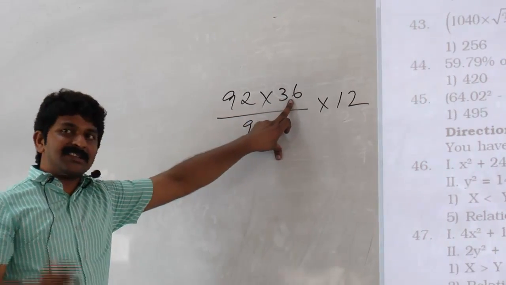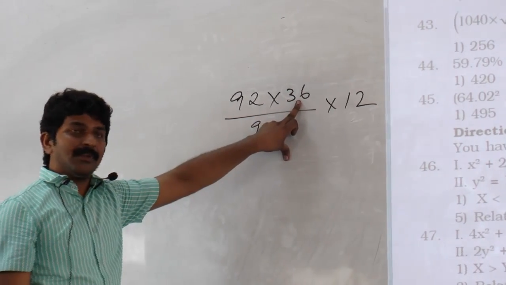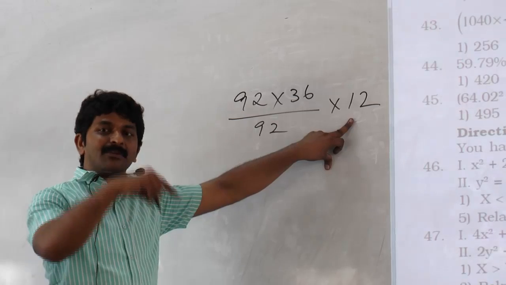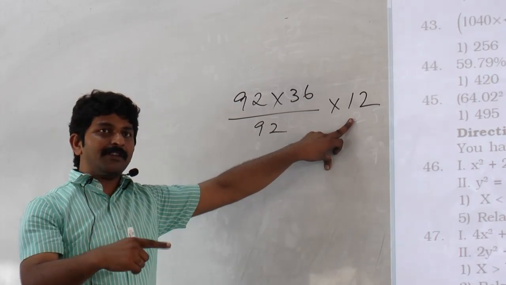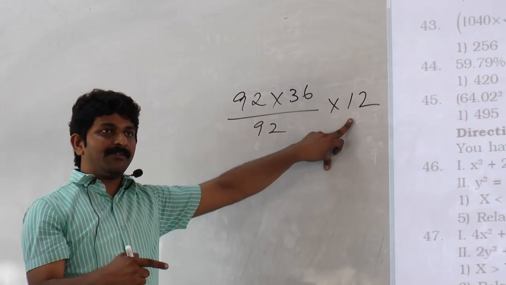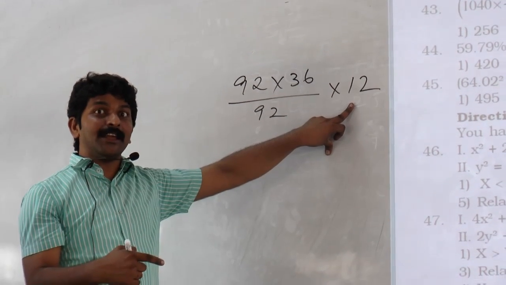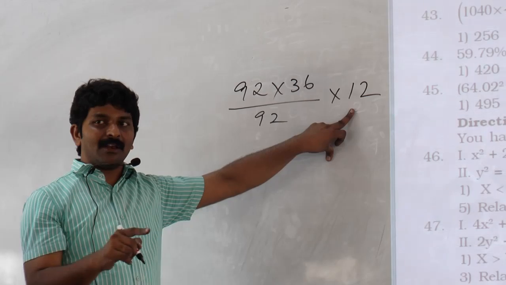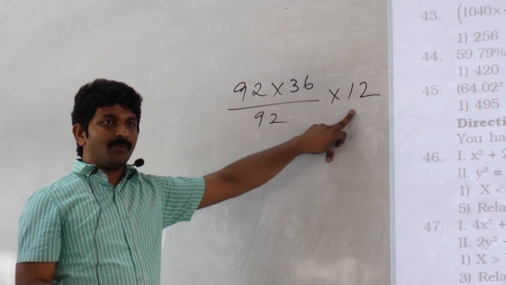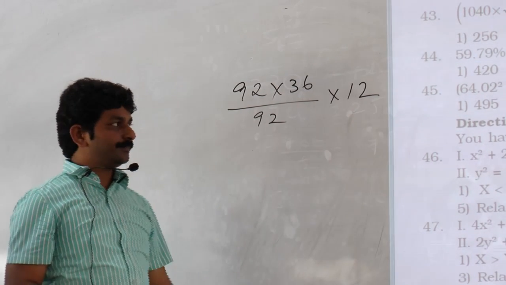You can write 36 as 12 into 3 into 12. 12 square into 3. 144 into 3. 432. Approximate 430.